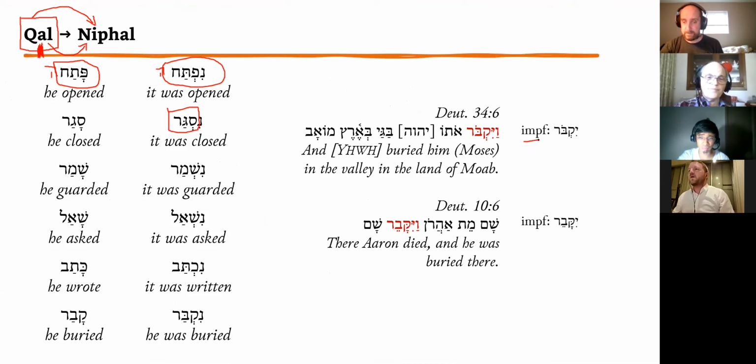The imperfect form is Yikbor, and we attach that va on the beginning, Vayikbor. We consider the imperfect basically to be the future, generally. And Vayikbor is the narrative past. It's the future that's been flipped to the past.